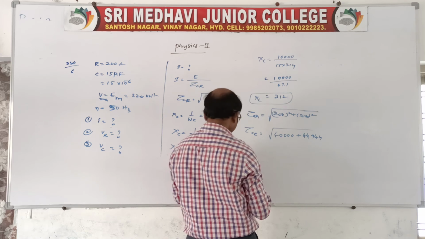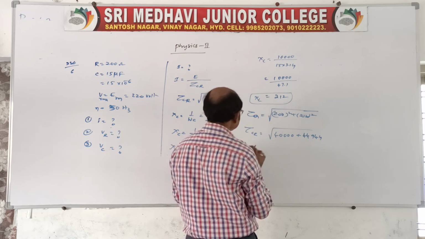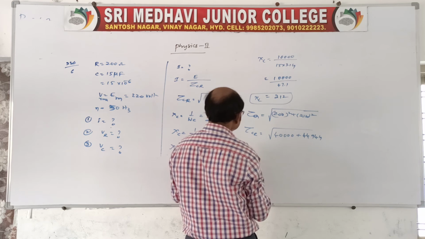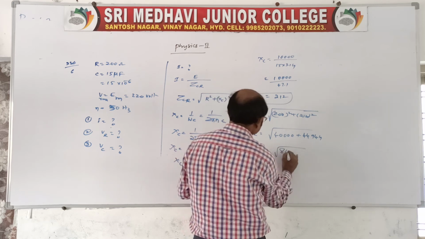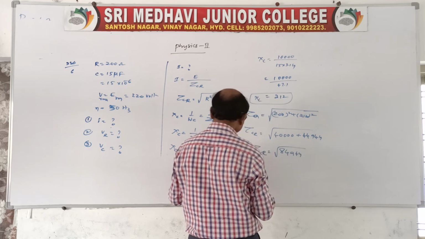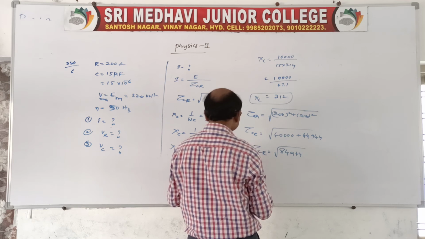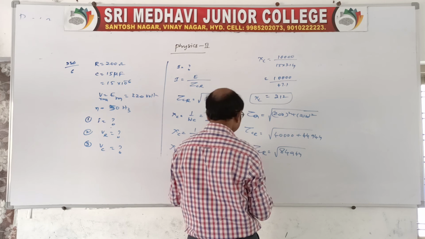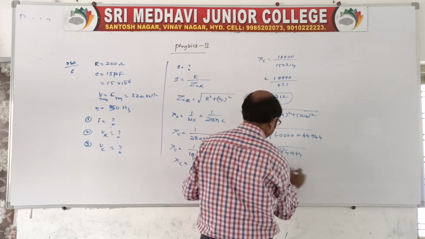You add it with 40000, so it is approximately ZCR is equal to root over 84944. So you take the root also, and ZCR is equal to 291.4 it is.